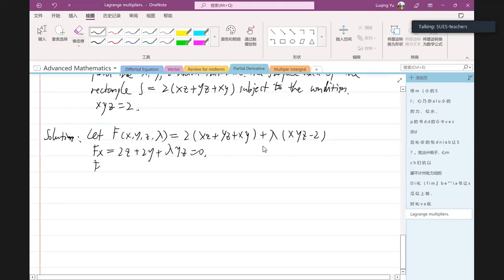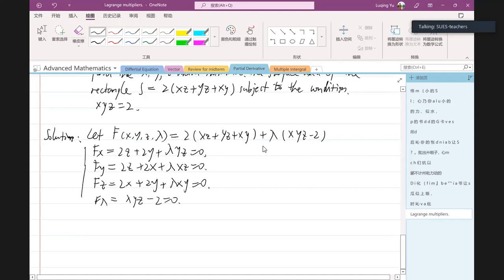And F_lambda is xyz minus 2, equal to 0.